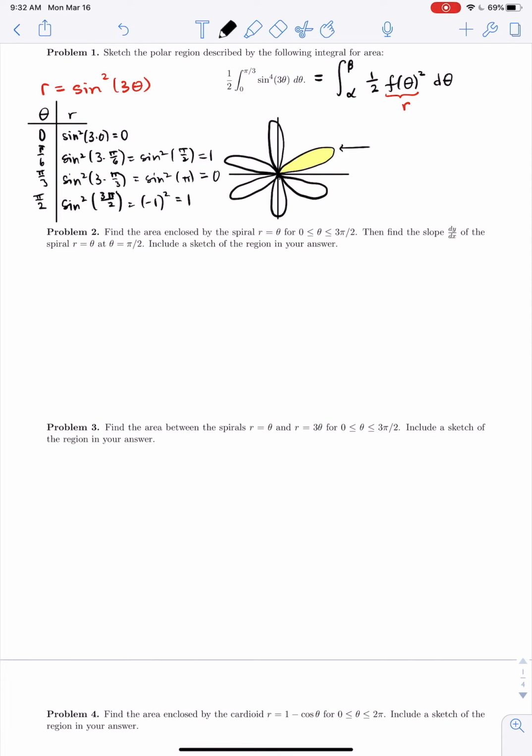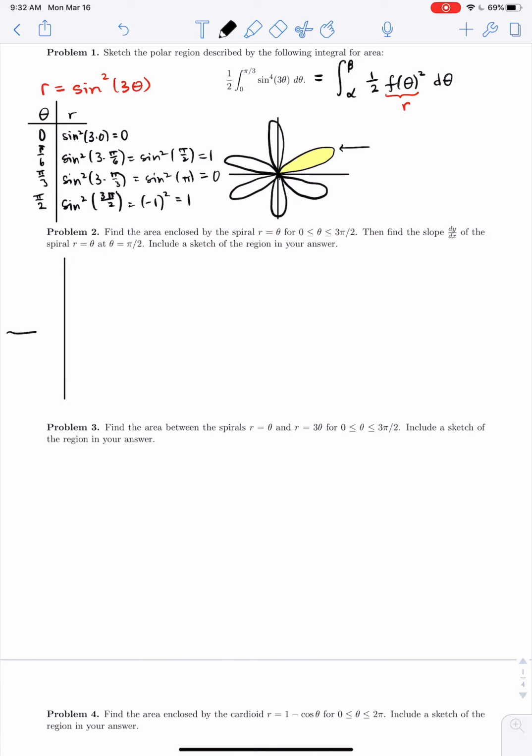we are going to find the area enclosed by this canonical spiral. If you think about y equals x being the canonical equation in Cartesian coordinates, r equals theta ends up looking kind of weird. It looks like a spiral if you plot some points. So let's first just sketch that.